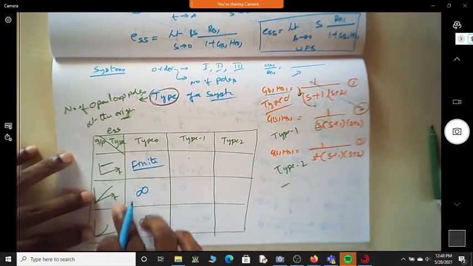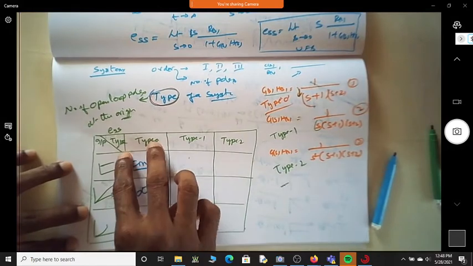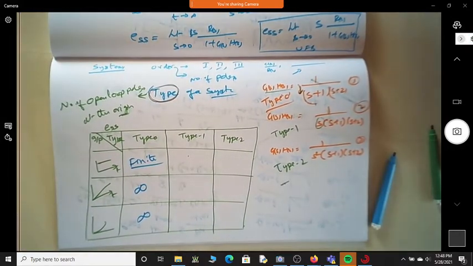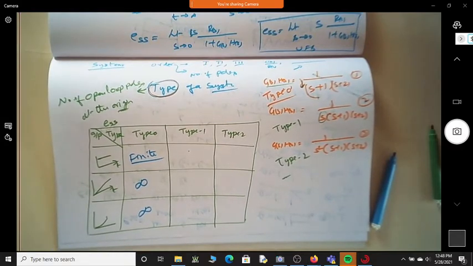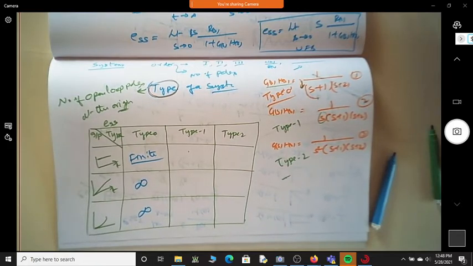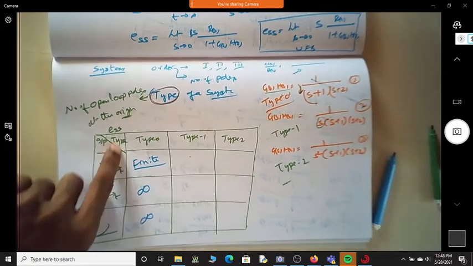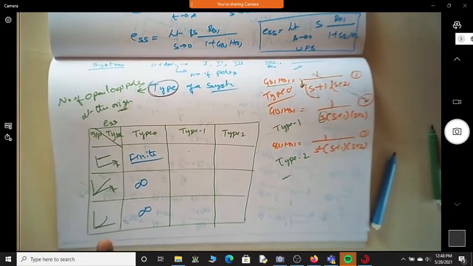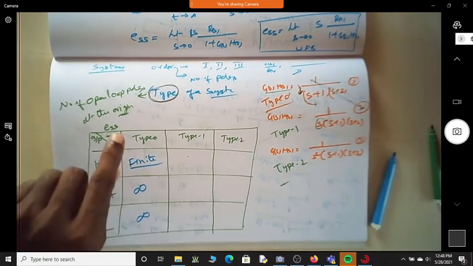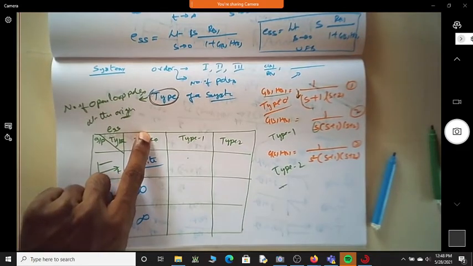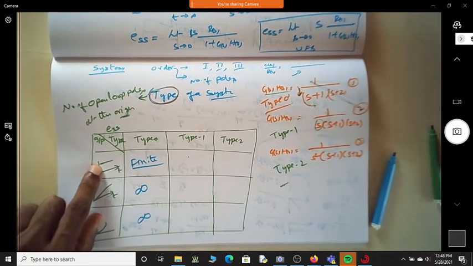Okay, what do we understand from this part of the table? If we provide a step input, we will end up with a finite error, which can be rectified. But if we give a ramp or any other signal, it will definitely end up with infinite error, which cannot be rectified. So the understanding of this statement is, if you want to have a finite error for a type 0 system, you have to apply only a step input.